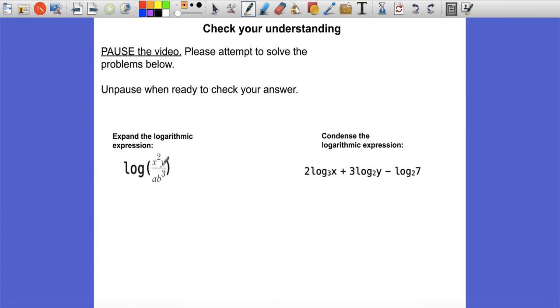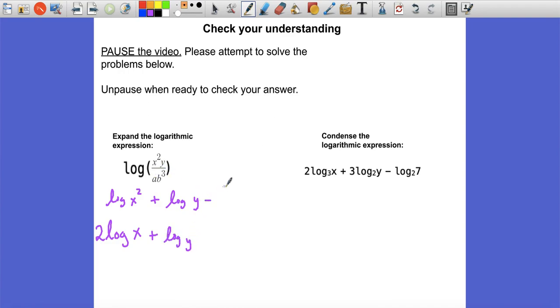All right, so for this one right here, we're expanding. So we've got 2 times log x. That comes from log of x squared, which then the 2 comes out front. My other term, I'm going to have log of y. That one won't change. There is no exponent there.